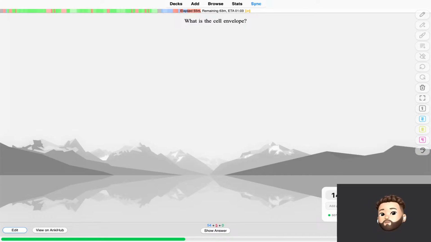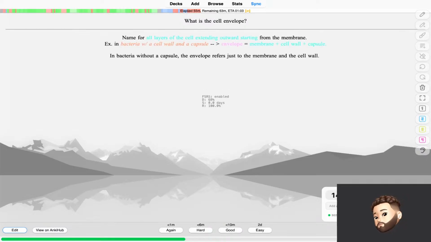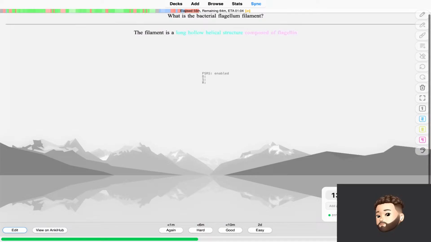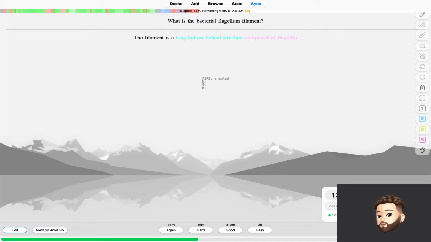The cell envelope is all the layers starting from the membrane. Long, hollow, helical structure composed of flagellum.